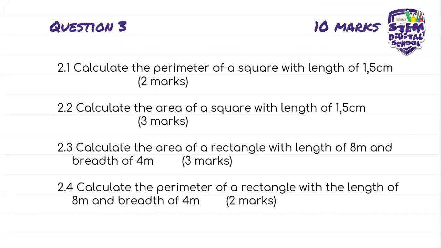Just like in a soccer field, if the length is 100 meters and the breadth is 50, then the total perimeter will definitely be 300 meters, because you have to add all of them: 50 times 2, which is 100, and 100 times 2, which is 200. So simply put, you walk around the field on the edge, and that distance around the edge of the field is known as the perimeter.